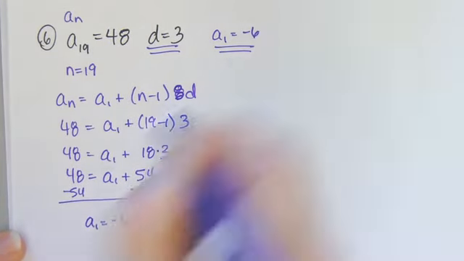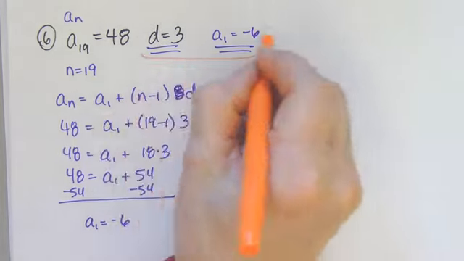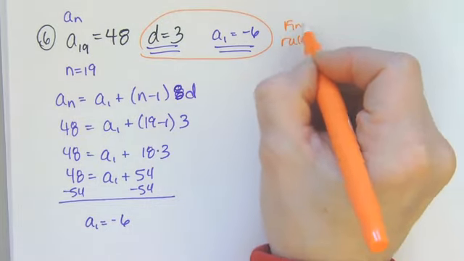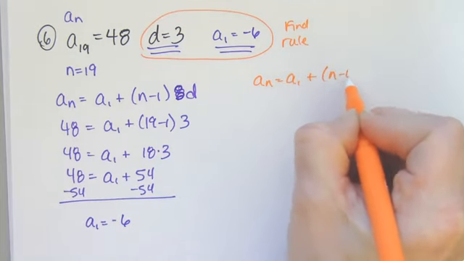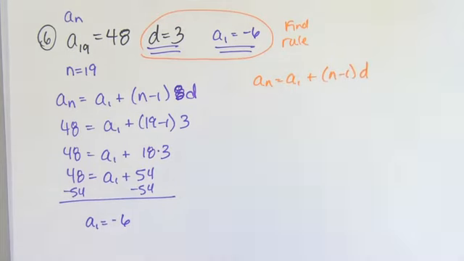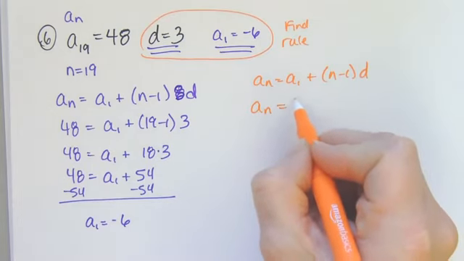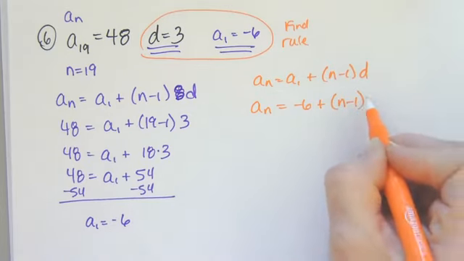Now I'm going to go back and do that exact same problem that we did in example 5 to find a rule. So now that I know these two, I can use those to find a rule. So again, here's my formula. A sub n equals a sub 1 plus n minus 1 times d. I want to leave anything that has the variable n in it. A sub 1 is negative 6. Leave the n there.